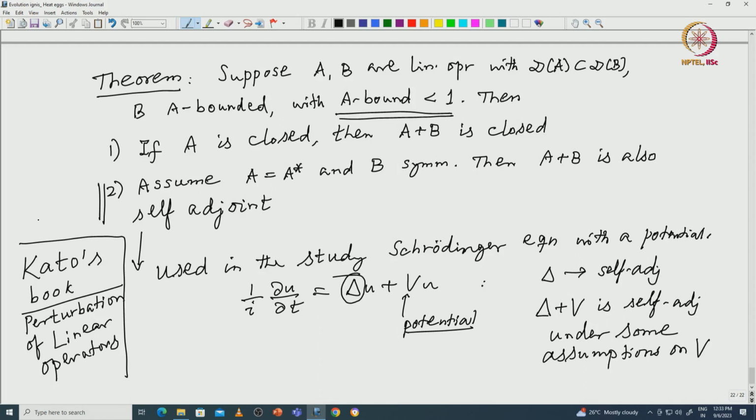Of course, that is also not in full detail. We will describe various notions and come up to the Hille-Yosida theorem, and after that we will take up the study of PDEs. Thank you.